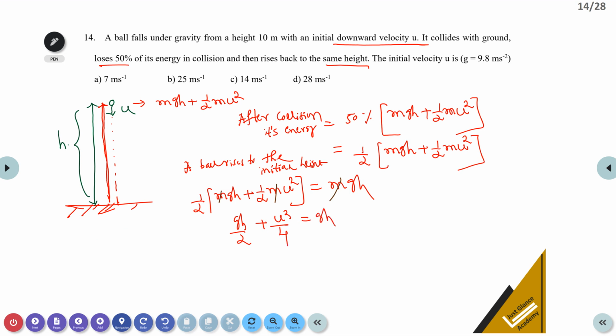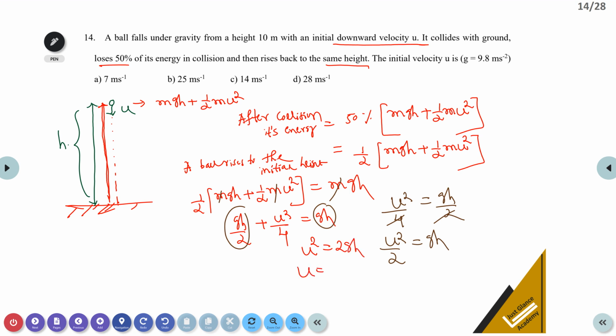This term and this term simplified, then I get u square by 4 equal to gh by 2. So that 2 cancels: u square by 2 equal to g into H, or u square equal to 2gh, or u equal to square root of 2gh.